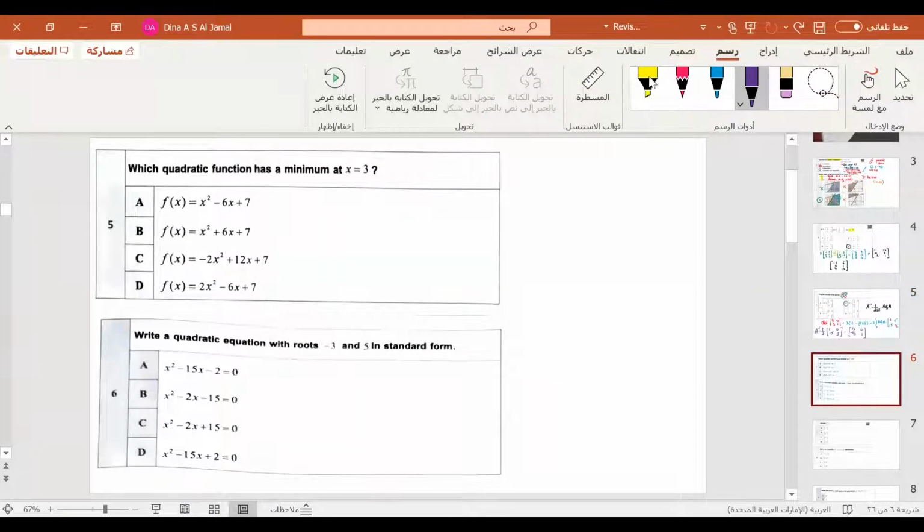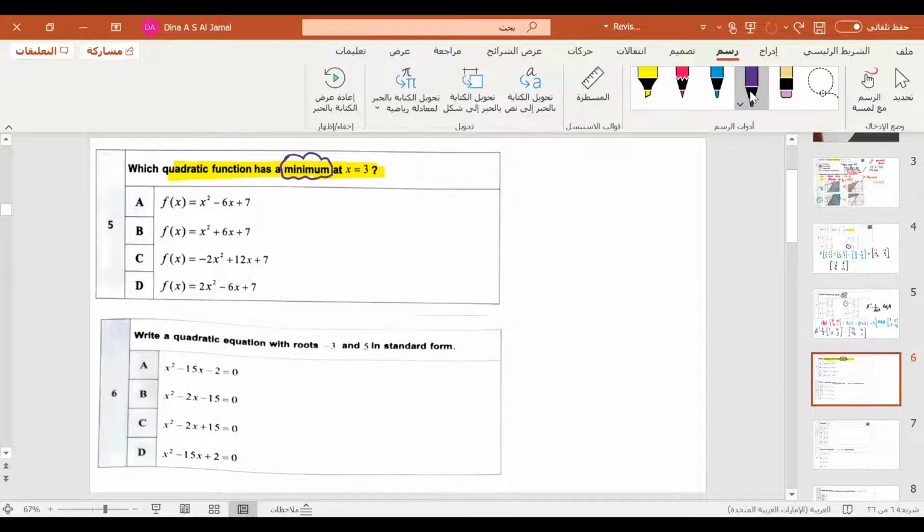So he's asking you which quadratic function will have a minimum at x equal 3. First of all, he specified that you have a minimum value.